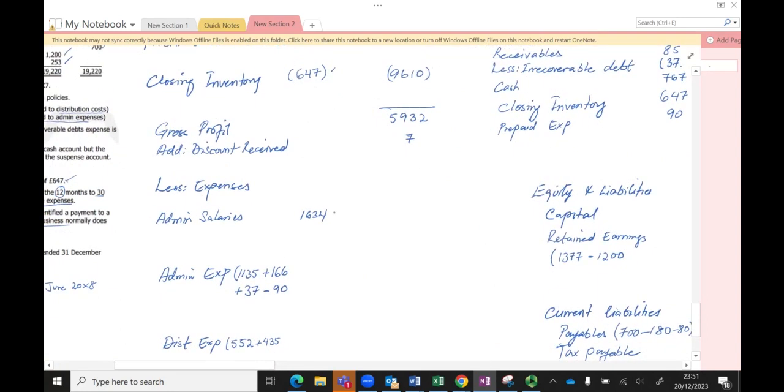We already have administration salaries over here. Let's add the administration expenses, and that is 1,2,4,8.